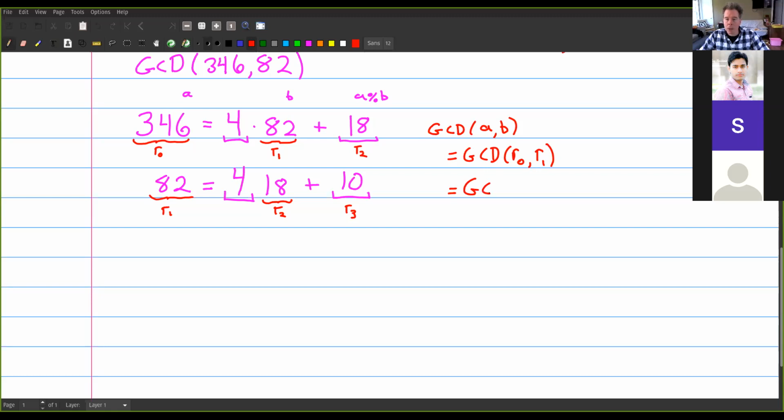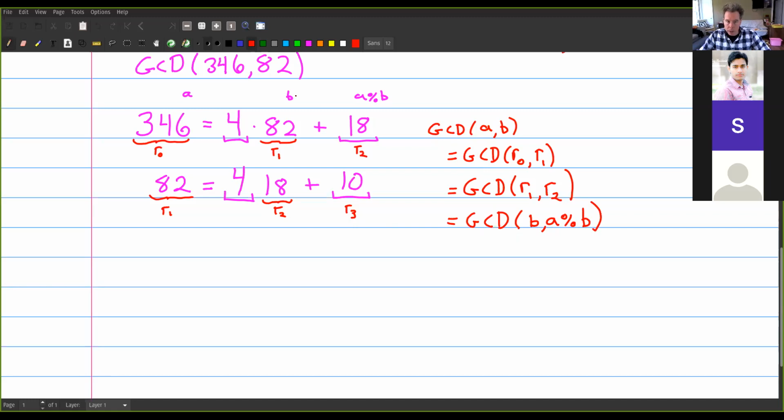Now this is the same as the GCD of R1 and R2. And why is that true? That's because, in different terminology, this is the same as the GCD of B and A mod B. We spent a long time proving this equality, but it is going to be true from line to line.